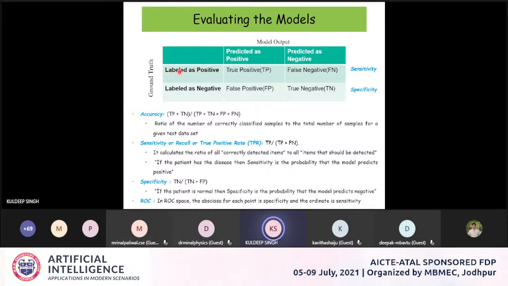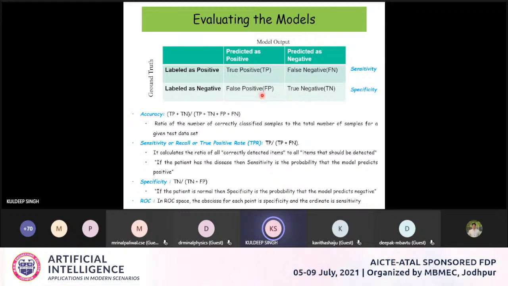So if a test image or the ground truth image is labeled as positive, positive means it is a diseased case, and the model has also predicted it as positive, this type of cases are treated as true positive. They were positive and the model has also predicted them positive. Similarly, in the case of true negative, the test image is labeled as negative and the model has also predicted it as negative. So these particular cases are termed as true negatives.